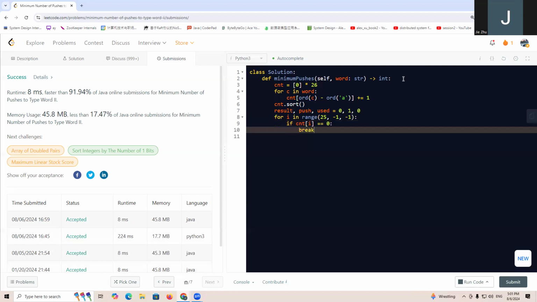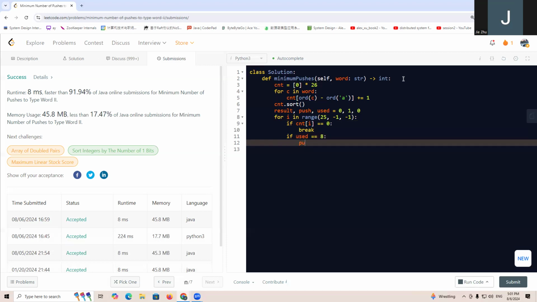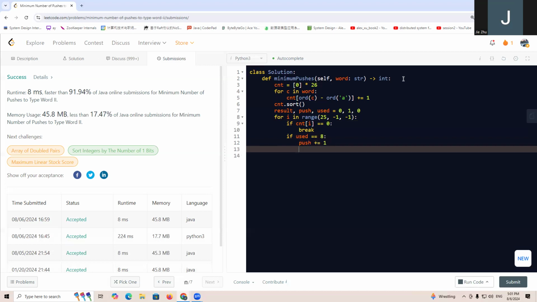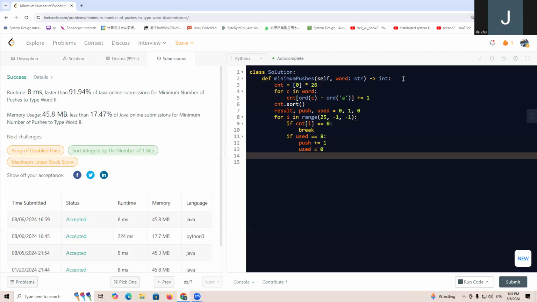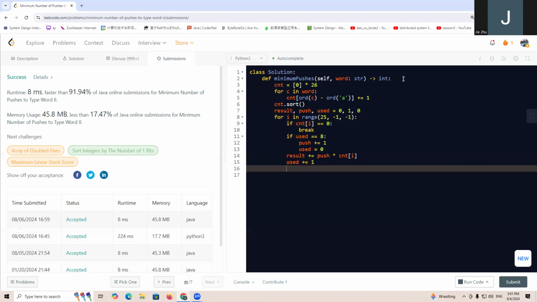And if used equals 8, push should increase by 1 and we set used equals 0. Also result should plus equal push multiplied by count, and used should plus equal 1. In the end, return result.